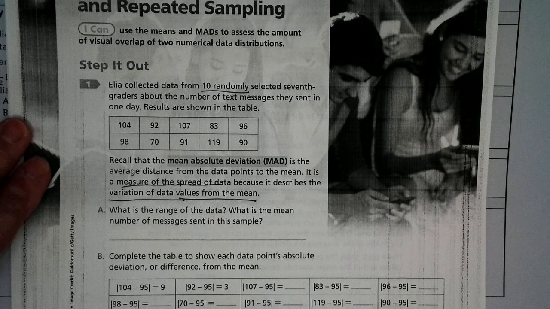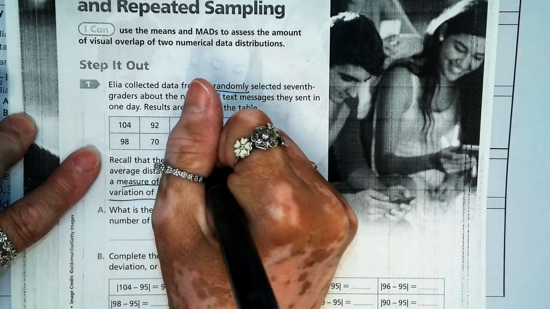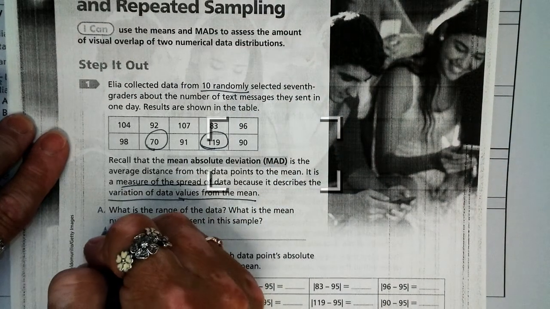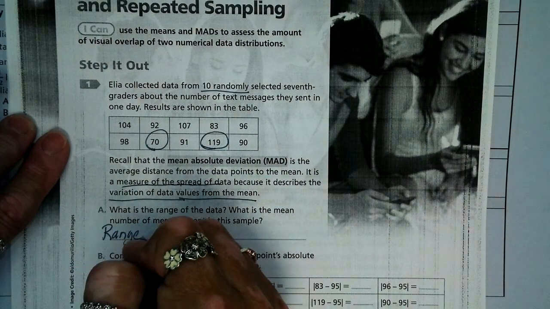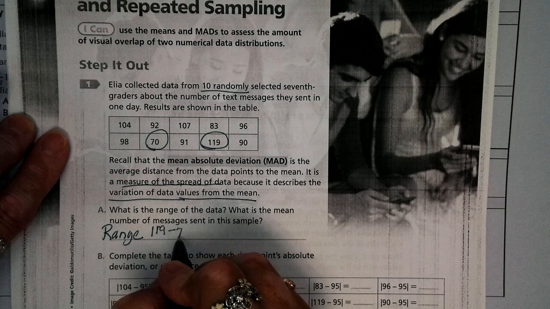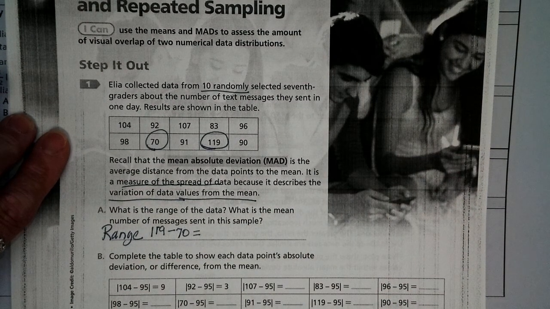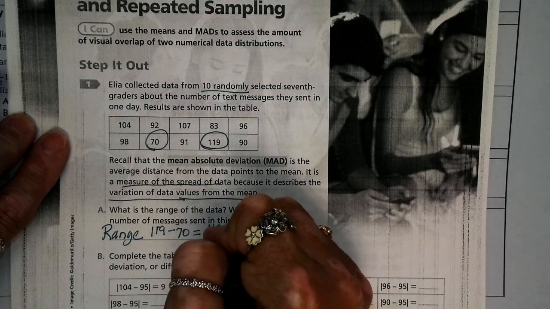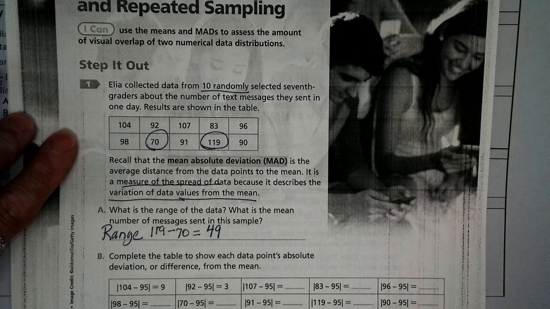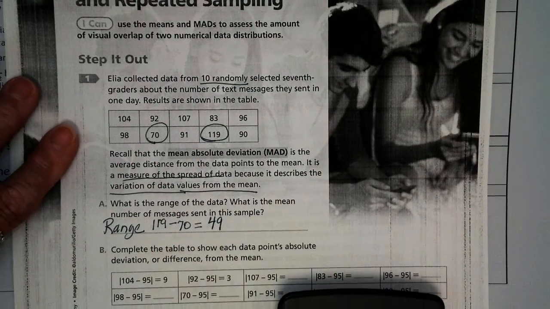Okay, in order to do that, we need to know what the highest number is, and that looks like 119. And the lowest is 70. So the range would be 119 minus 70, which is 49. The mean, remember, is we're going to add all these up.